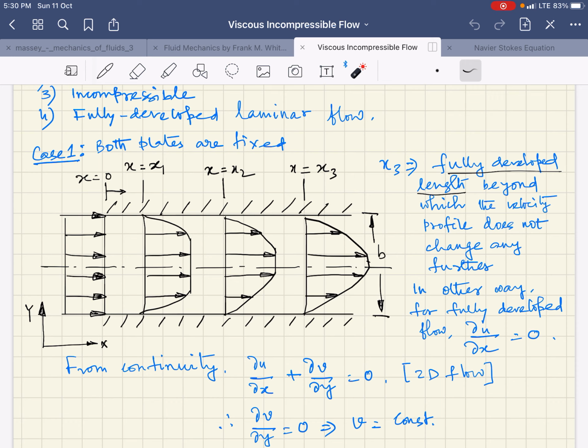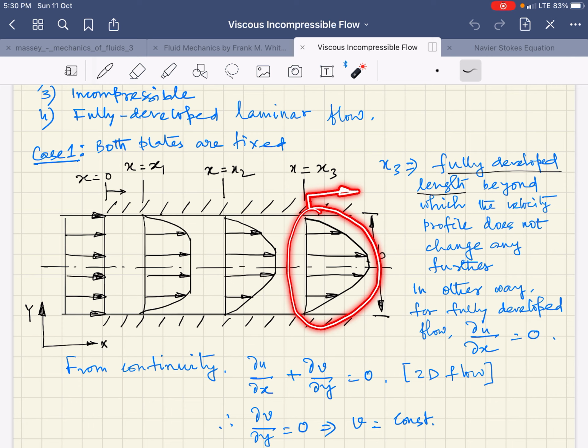So this change will take place at different distances, x equals x1, and then at x equals x2. Some representative velocity profiles are shown here. It is further being changed, and you can see at x equals x3, the velocity profile may look like this, and from x equals x3 onwards you may have this particular velocity profile prevail.